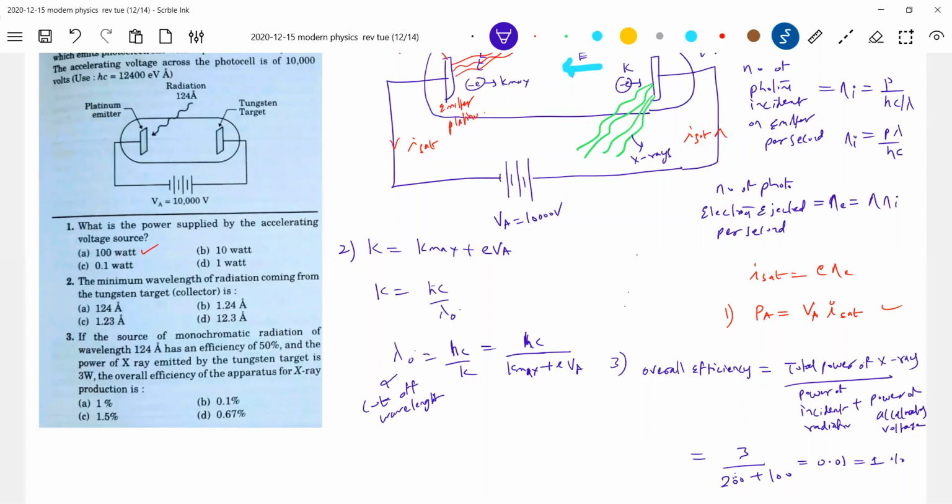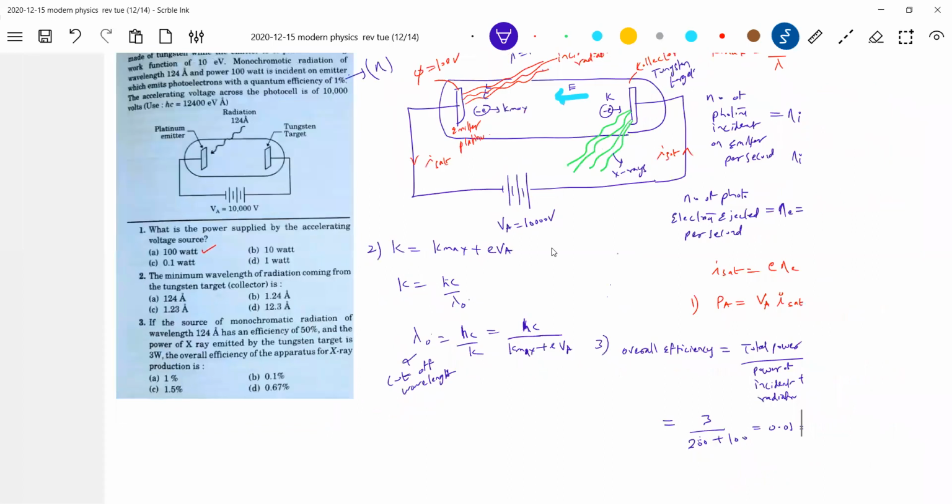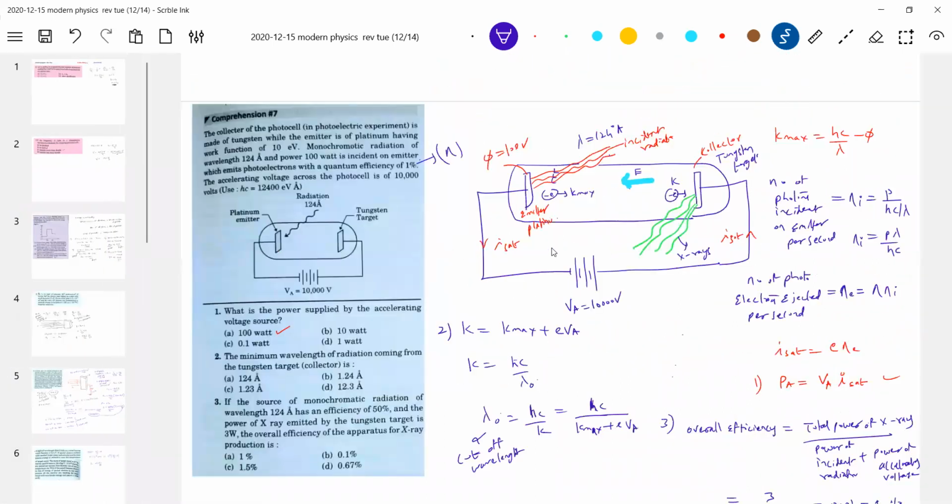Okay, photoelectric effect and X-rays combined things can also be asked. Be careful. The cutoff wavelength has a new formula, which you have seen. Are you noticing this? Usually without this, Kmax is what we have seen in X-rays. Because of the photoelectric effect, we are taking this one. So at the emitter photoelectric effect occurs, and at the collector X-rays occur. That's the basic idea of the problem.